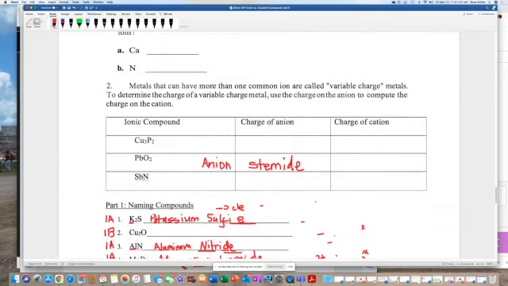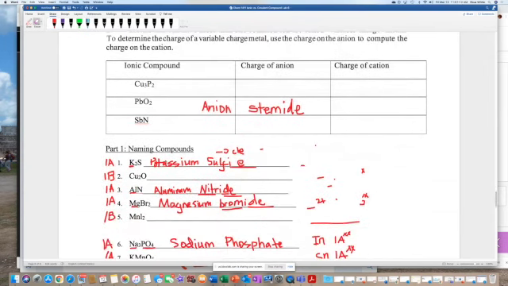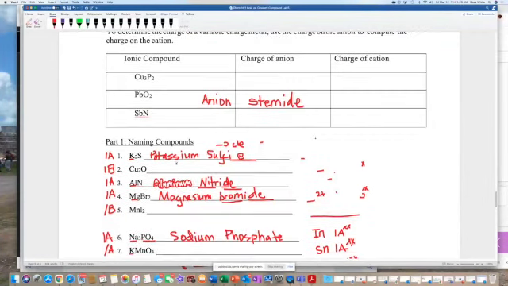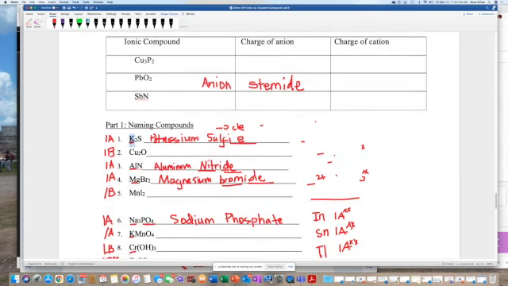Okay, so in helping you guys work through this, we did work through a few of these, so I don't want to go over these again. We talked about ionic A's. We did this part, identify what was ionic A. Remember, when you are identifying the compound, start with the first element.